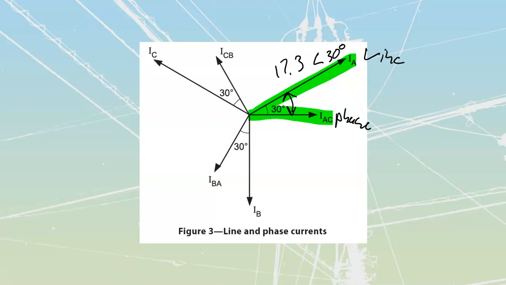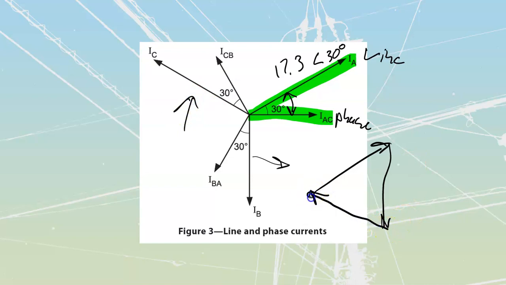Last thing that I want to note is that if I were to take all of these line currents and add them all up on a balanced system, I'm going to end up at a net zero. If I take this IA, it's coming out like that, and then I add it to IB, coming down like that, and then I take my IC, add that one, tip to tail, I would end up back at the exact same value that I had before, which would be 0.